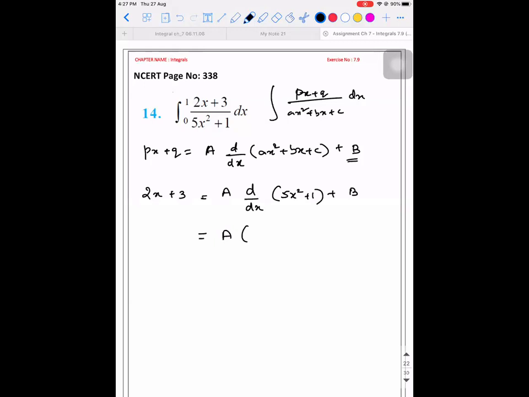So a into 10x plus b. This is 2x plus 3. So b will be 3. A will be 1 by 5. So substitute this and solve, you will get the answer. This part I am leaving it to you.